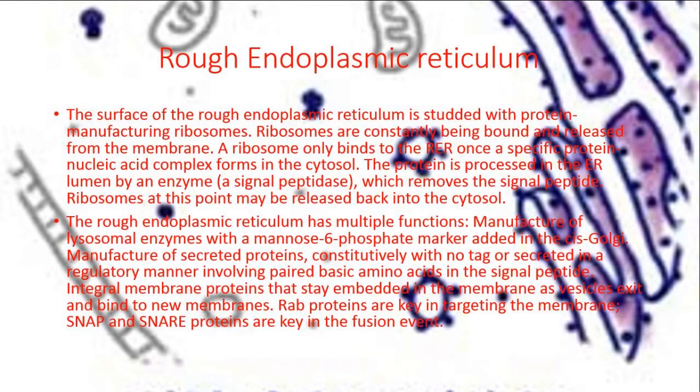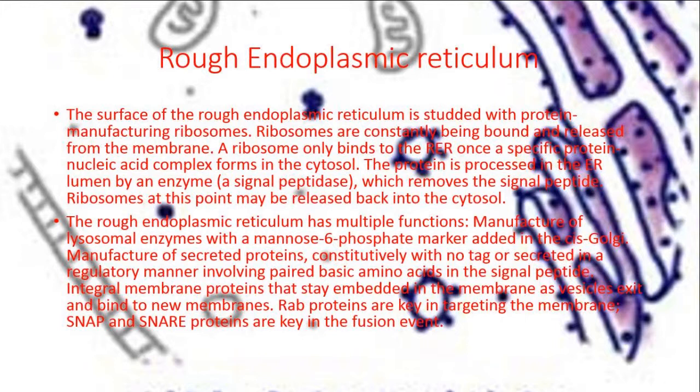So, the rough endoplasmic reticulum is the surface that contains protein-manufacturing ribosomes. Ribosomes are constantly being bound and released from the membrane.